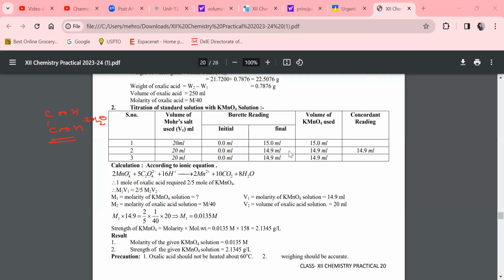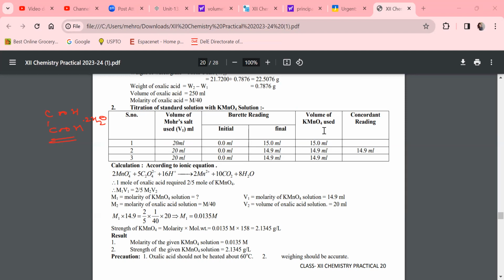By the table, 20 or 25 ml is what you have sucked from the pipette. Zero ml is the initial reading. When you start the titration, that is the reading of the burette, and then the final reading at which you get the light pink color. Previously, when you get the pink color, in the second and third readings you should try to add less than 1 or 2 drops from the burette.